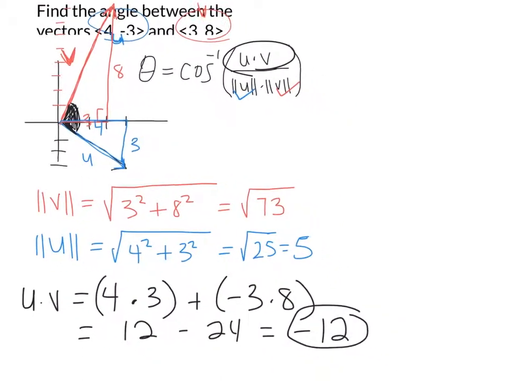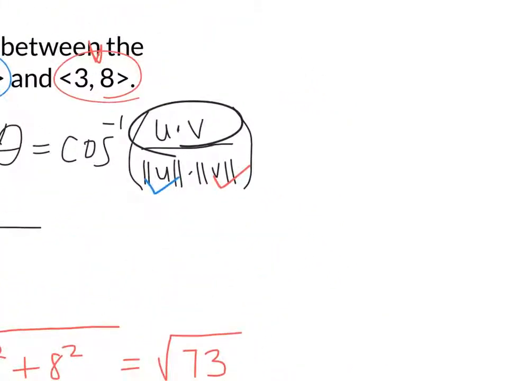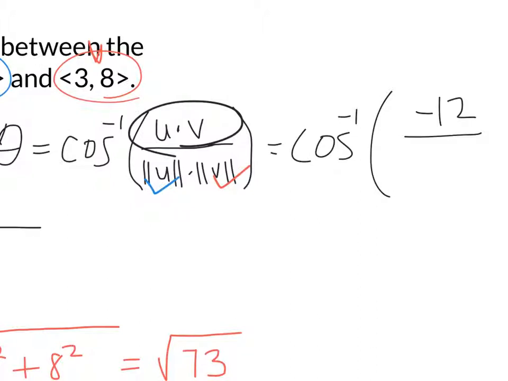Okay, so now I have all of the information that I need. So I can plug it into here. Inverse cosine of -12 was the dot product. V had a magnitude of 5, and u, or switch them, whatever they happen to have been, was root 73. So I'm going to put all this into my calculator now, and it's going to give me an angle between 0 and 180 degrees.